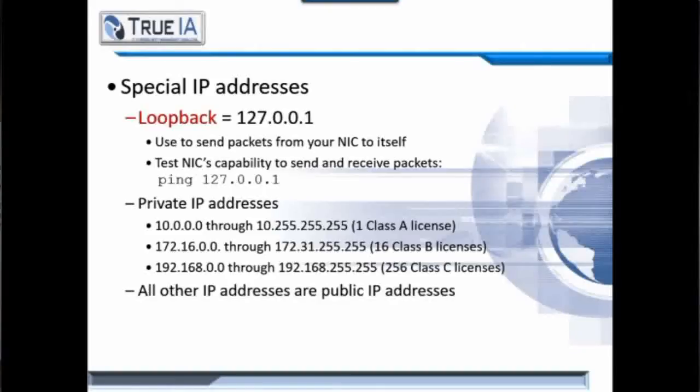So other than the APIPA address and the home address, we've talked about the private address space, the Class A, Class B, Class C, which has a range of, for Class A private space, 10.0.0.0 through 10.255.255.255, all the way through a Class C, which is 192.168.0.0 through 192.168.255.255. All other addresses are considered a public address.